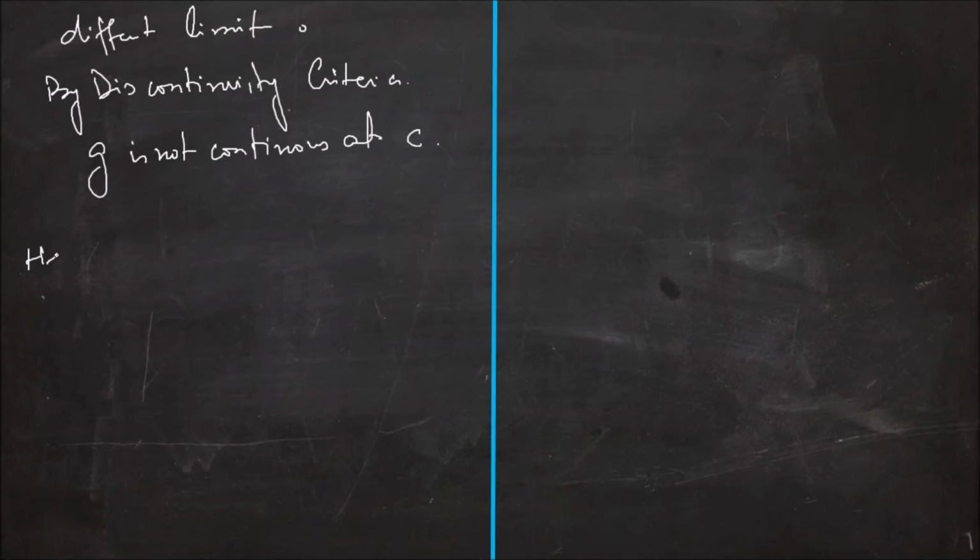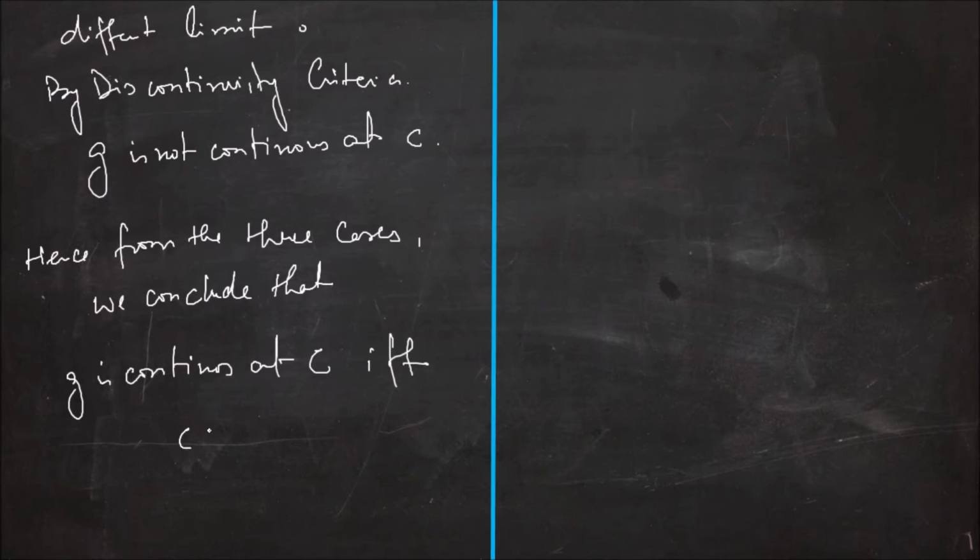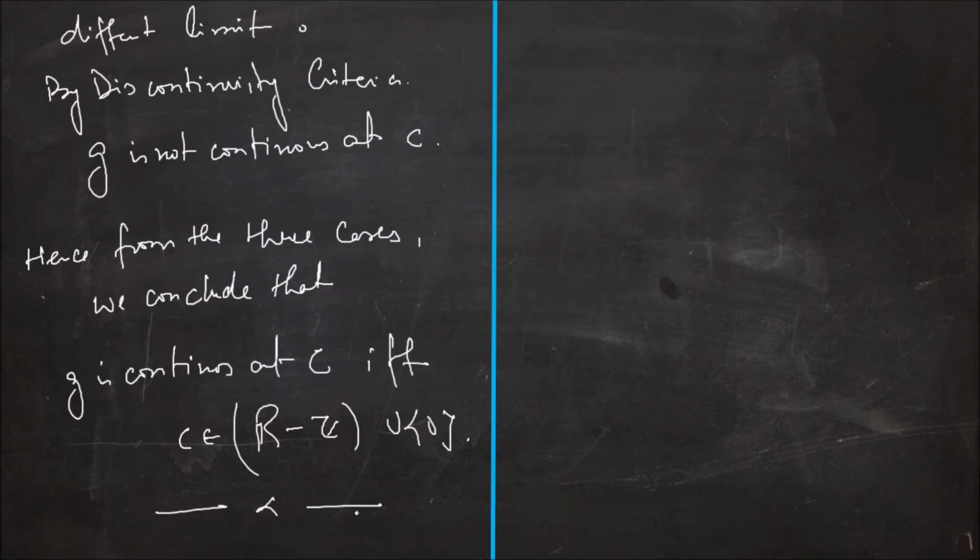So from the three cases we conclude that g is continuous at c if and only if c belongs to R minus Z union 0. So this completes part B of question number 4.